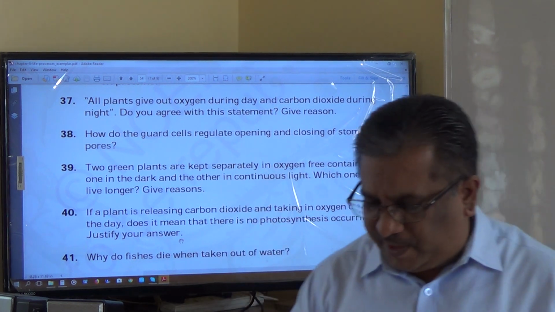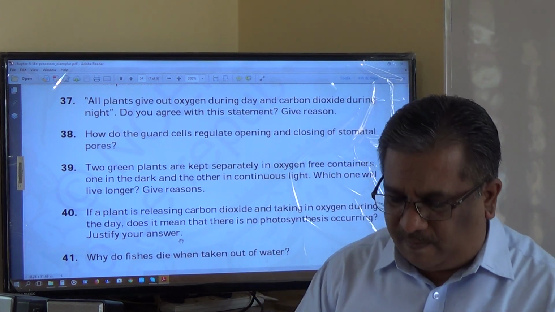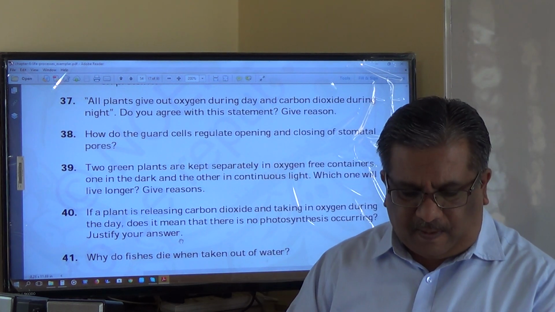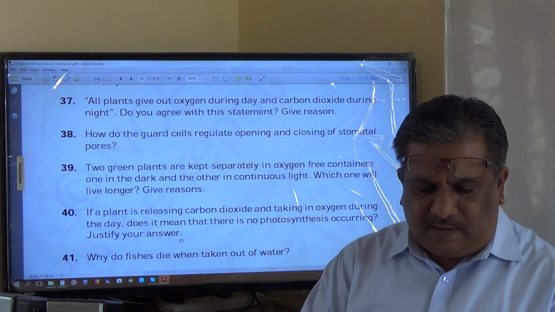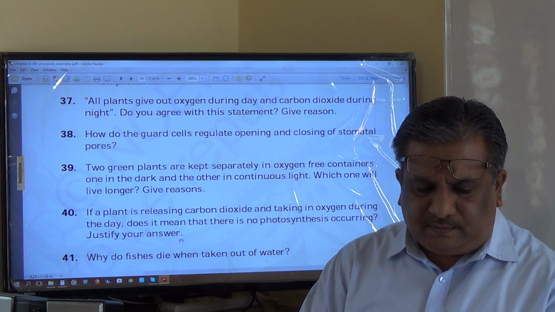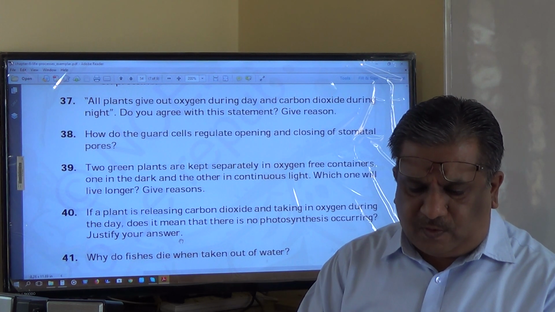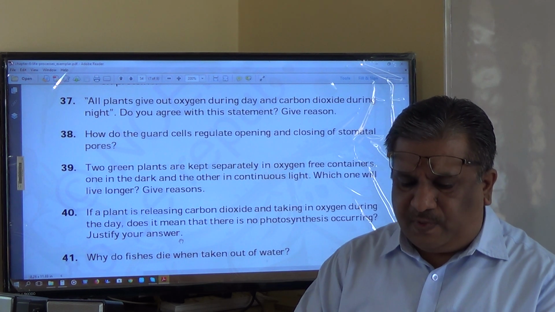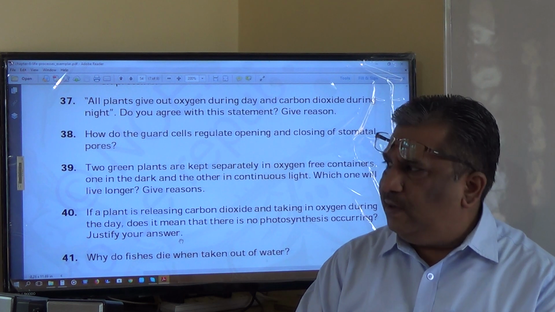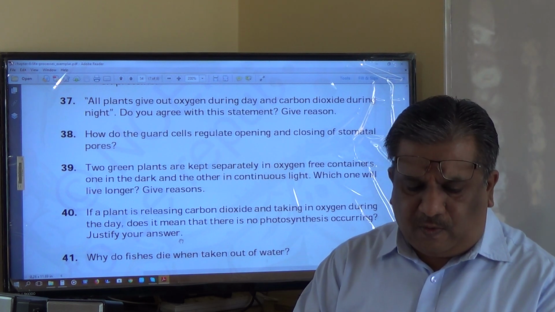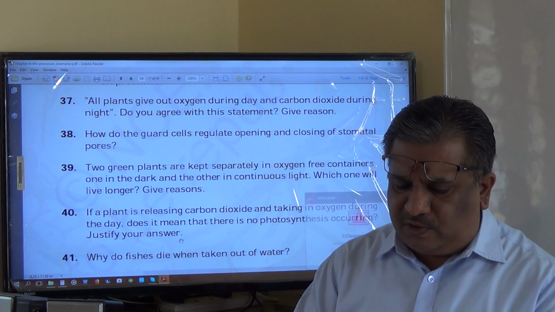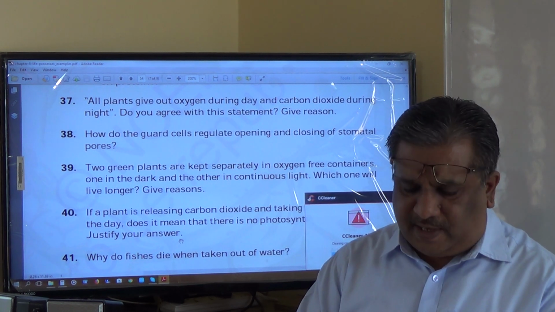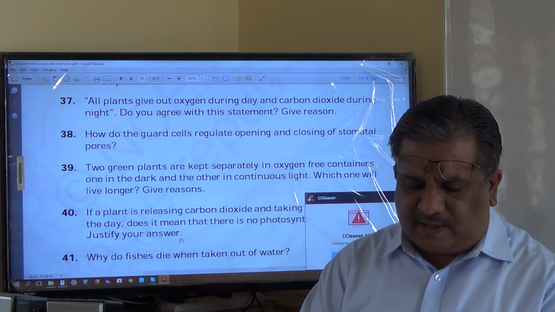One important aspect I would like to read from the textbook here. It uses one particular word for this question. I'll read the complete answer. The swelling of guard cells due to absorption of water causes opening of stomatal pores, while shrinking of guard cells closes the pores. Opening and closing of stomata occurs due to turgor changes in the guard cells.